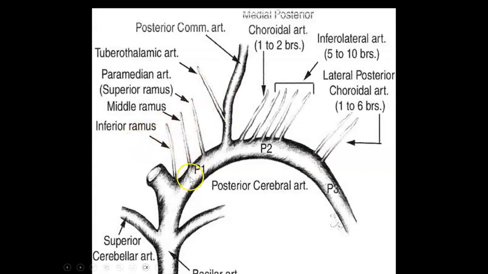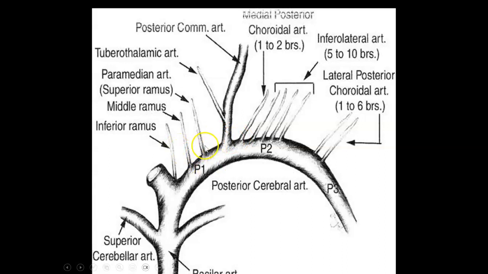So here are perforators from the basilar, perforators from the P1, what we call the posterior thalamic perforators, and from the P2 thalamo-geniculate arteries. These are thalamo-perforating arteries. This is the thalamo-geniculate arteries, and sometimes the proximal P3 even.